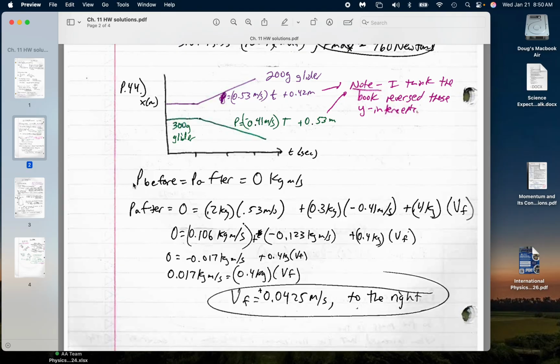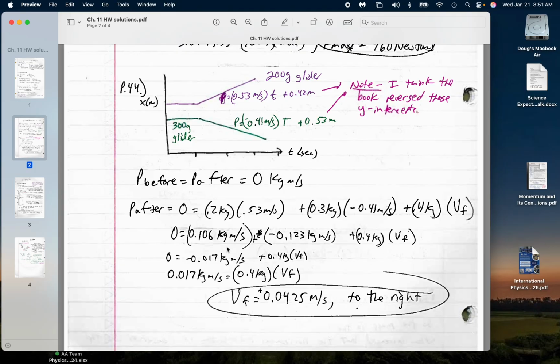So before the gliders explode apart, there's 0 momentum. So afterward, there needs to be net 0 momentum. So this 200 gram glider is going at 0.53 meters per second. This 300 gram glider is going at negative 0.41 meters per second. We're trying to find the speed of the 400 gram glider and the direction of it.